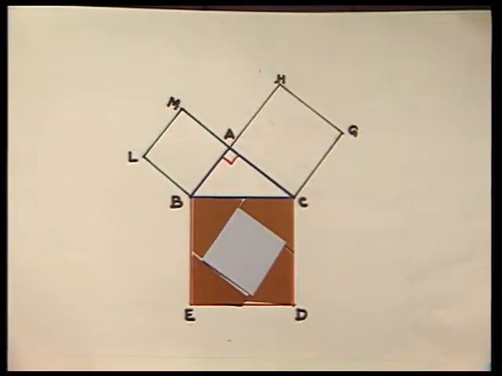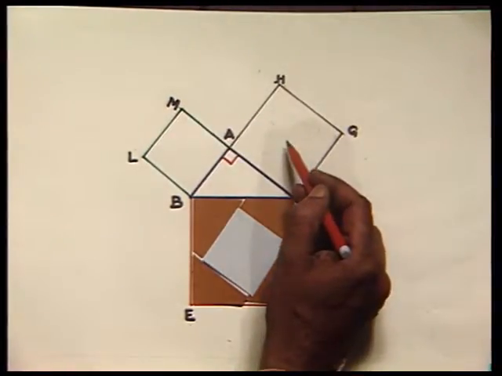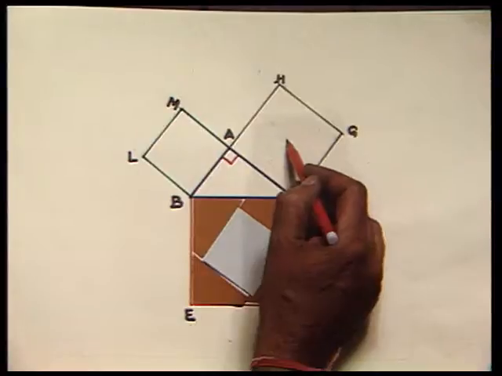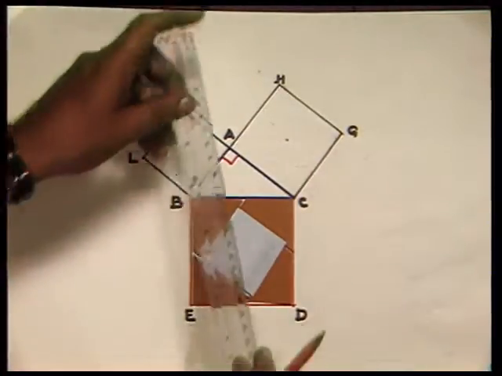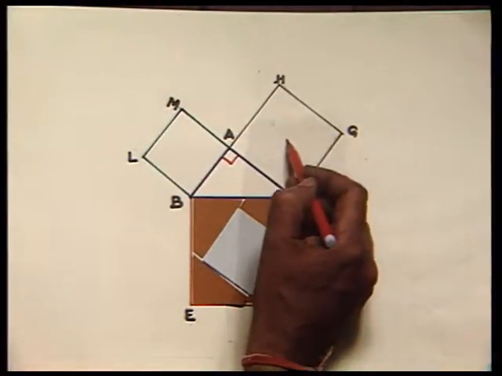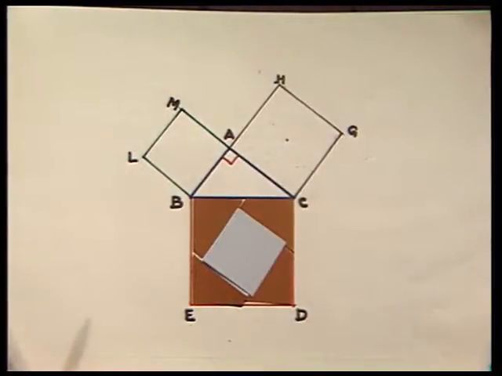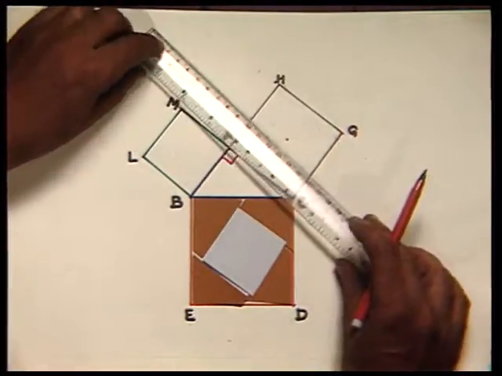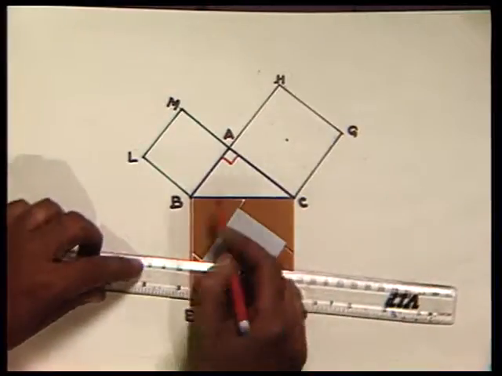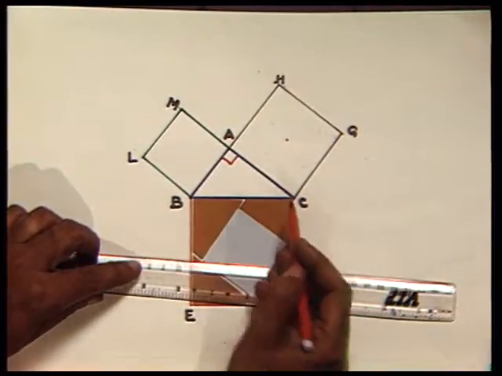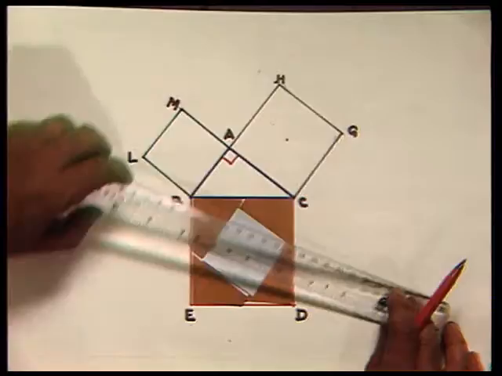These 4 parts are obtained first by getting the mid center of the square, which is obtained by joining the diagonals. This is that point, and then at this point we draw a line parallel to the hypotenuse, that is the side opposite to right angle.